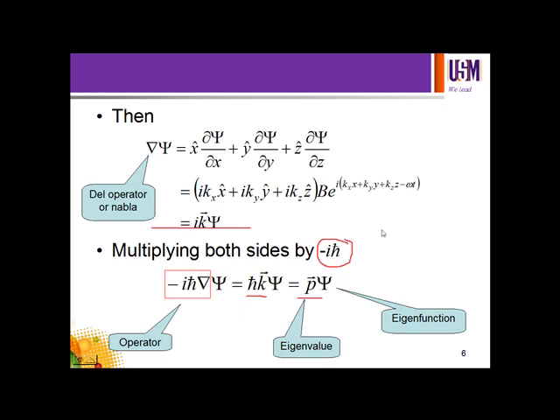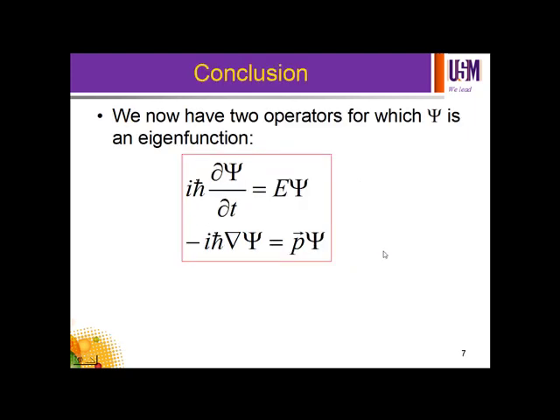In other words, if you have momentum p with a small cap, the momentum operator should be equal to negative i h bar del or nabla. That's the operator for momentum.